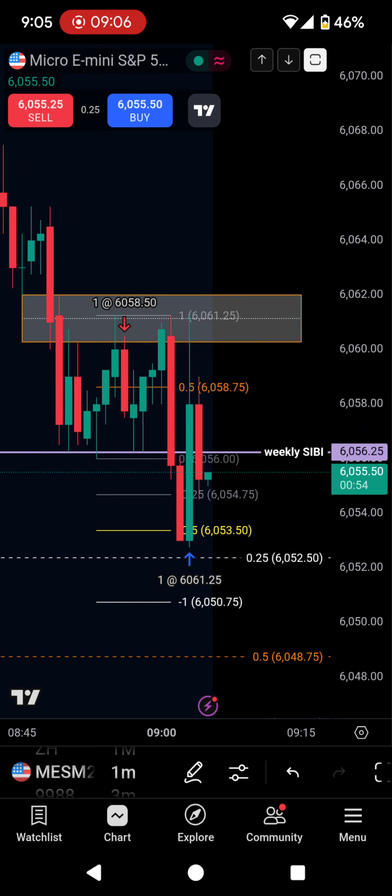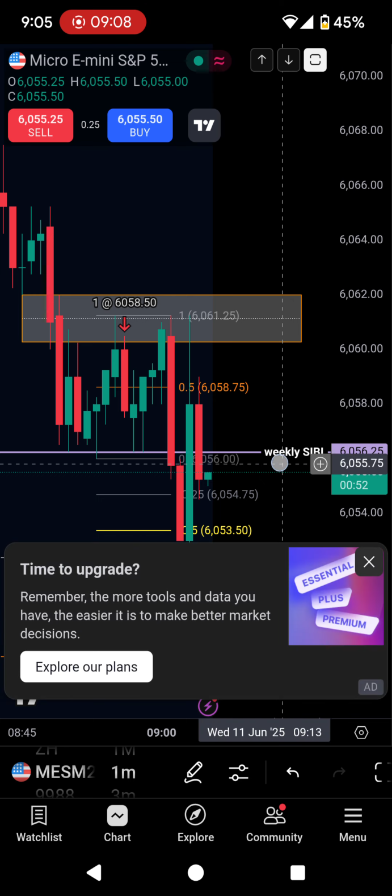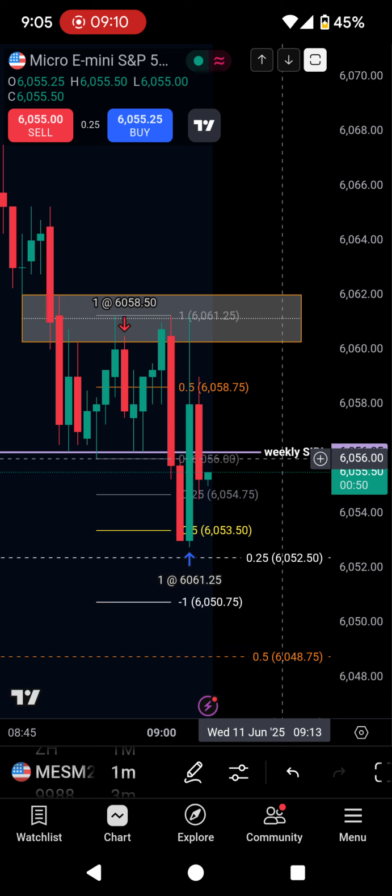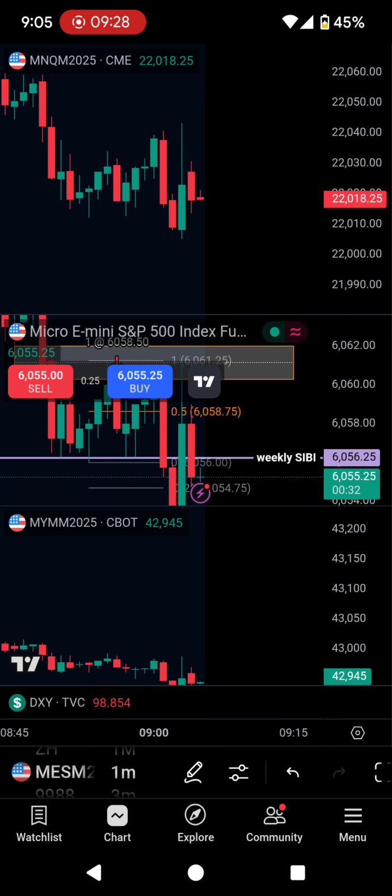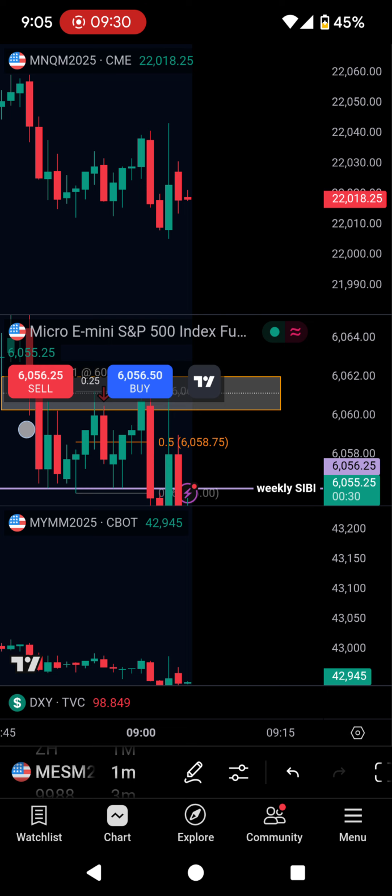If it pops up here, we're going to enter again. 6056. Be patient, entering at the reclaimed fair value gap.